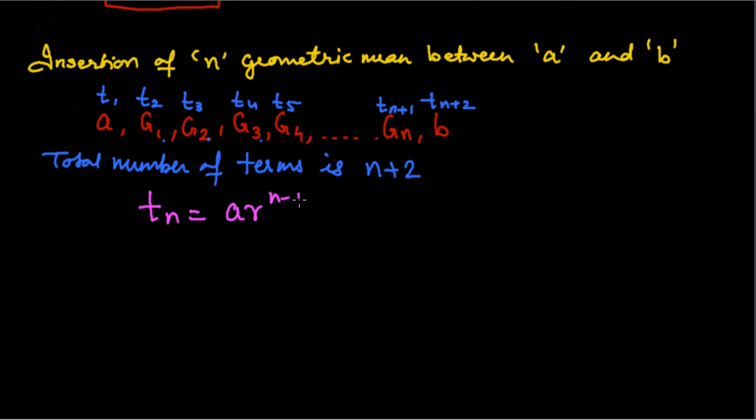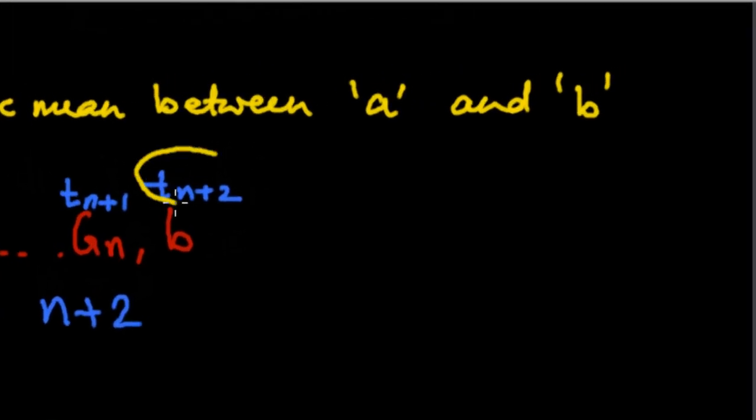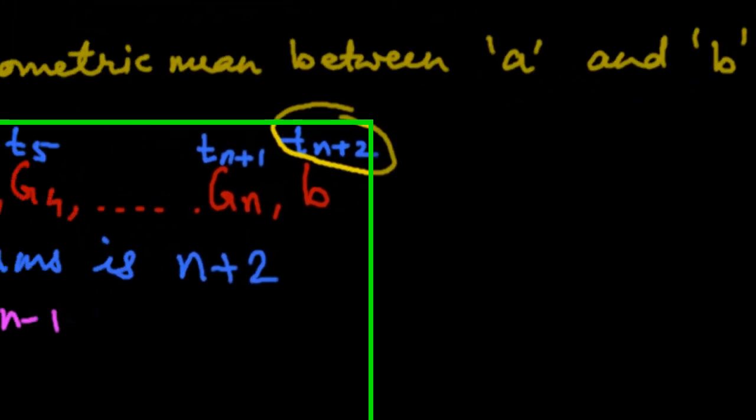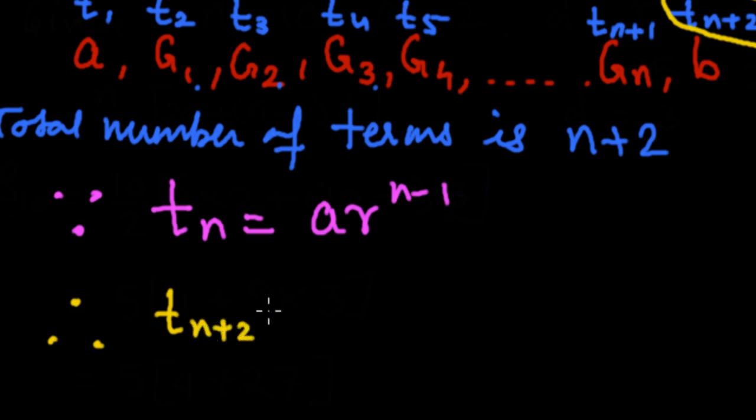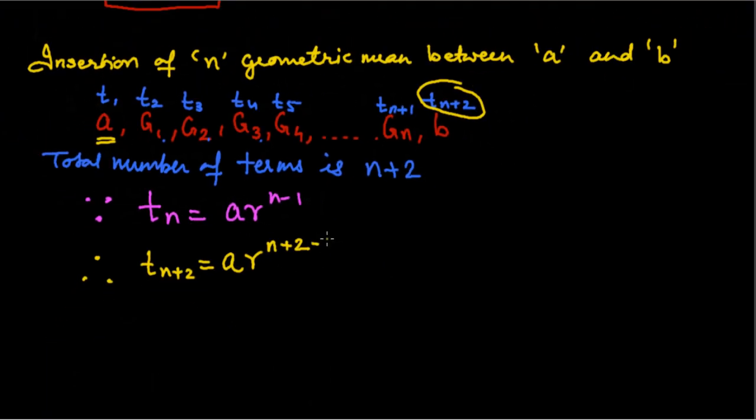By the general term formula, we know that Tn is equal to a r power n minus 1. Therefore, we have the last term T(n+2). The first term is a, the ratio is r, and instead of n we have to put n plus 2, and this minus 1 we will keep.